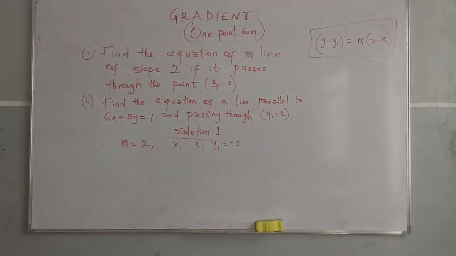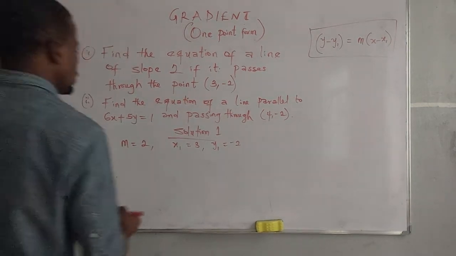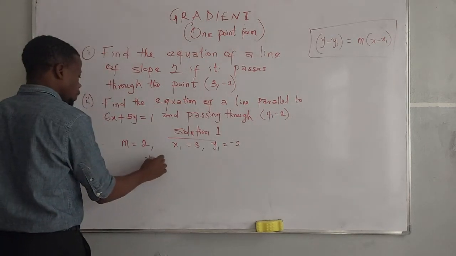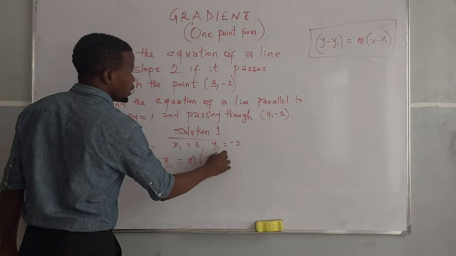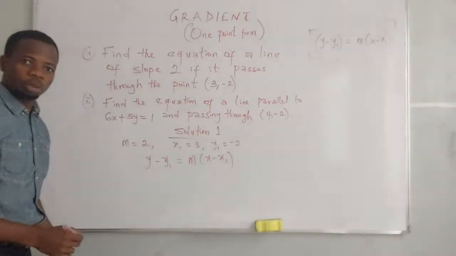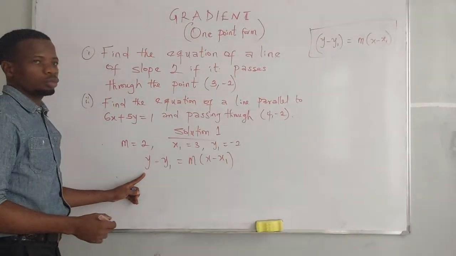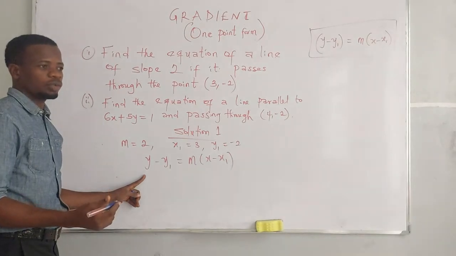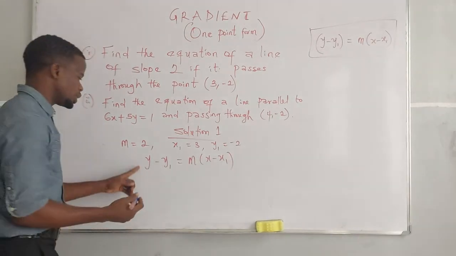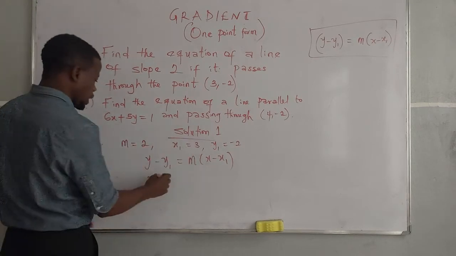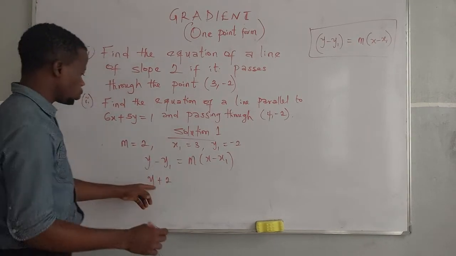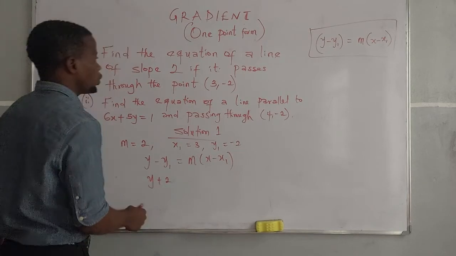So having the 2 already, what do we do with that? Go back to the formula. The formula says y minus y1 is equal to m open bracket x minus x1. So what do we have? We have y, and for y1 we have minus minus 2, which becomes plus 2.